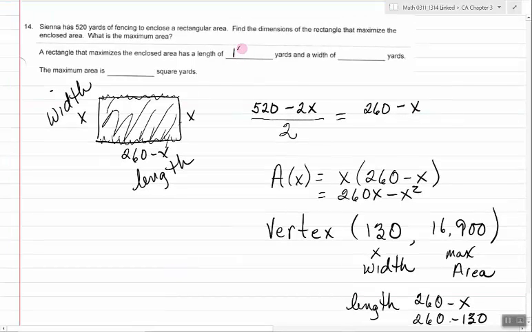So 130, 130, max area is the y component of the vertex, 16,900. Okay, there's a lot involved in that. Be sure to use your formula packet if you need to. Always be able to find the vertex, the x-intercepts, and the y-intercept. Okay.